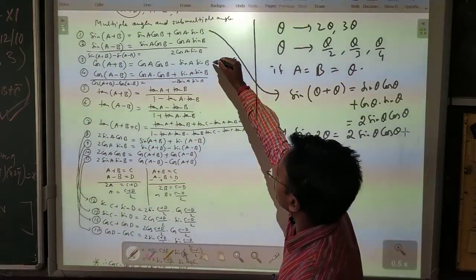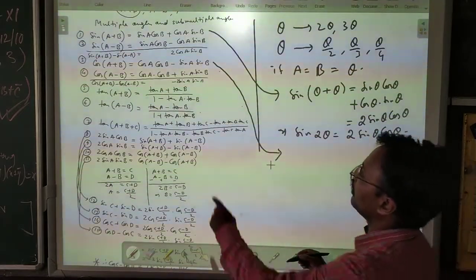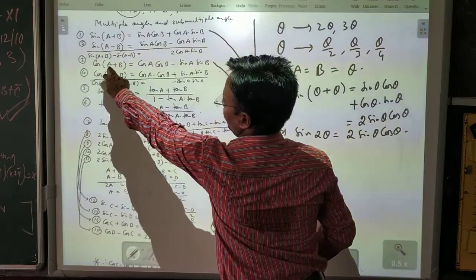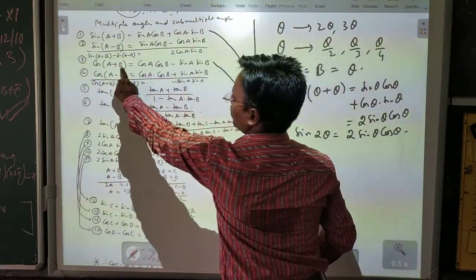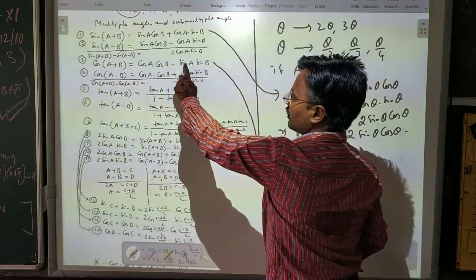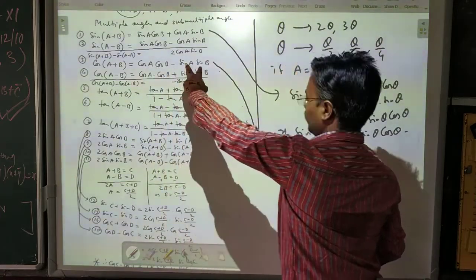Now from the formula of cos A plus B, taking equal angles of A and B, I mean A is equal to theta, B is equal to theta, we get cos theta plus theta is equal to cos theta into cos theta minus sin theta into sin theta, which is cos square theta minus sin square theta.